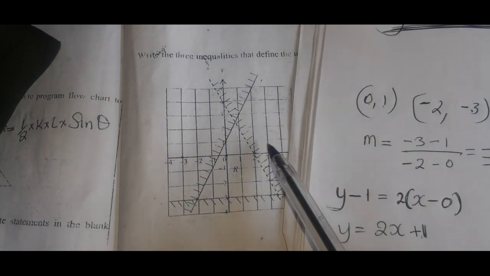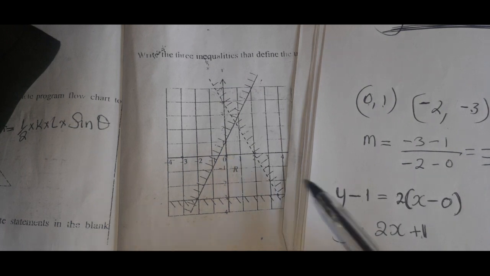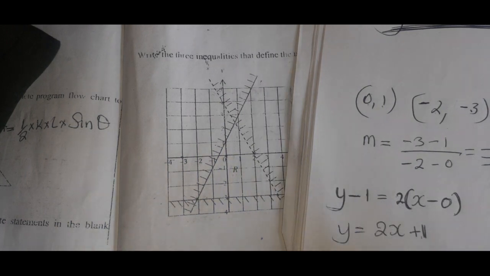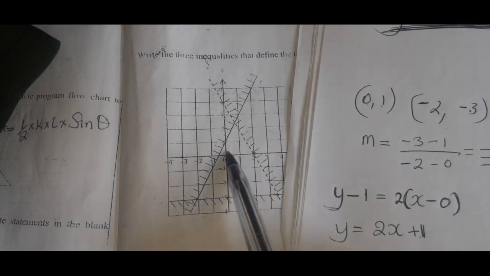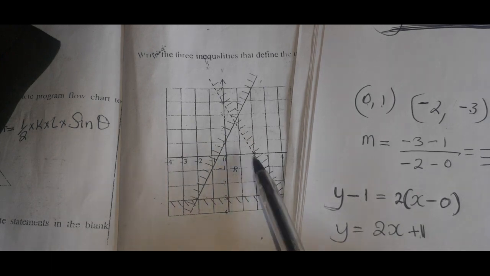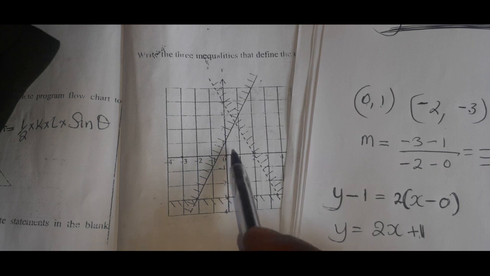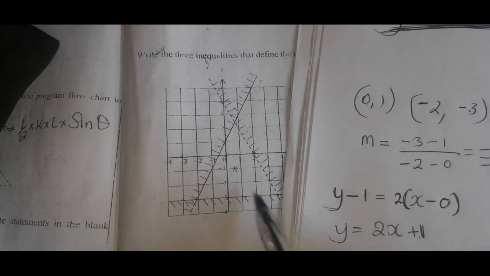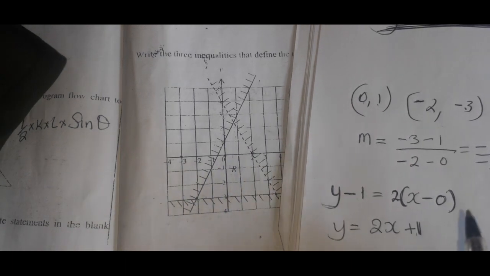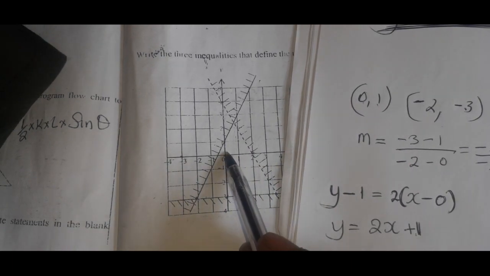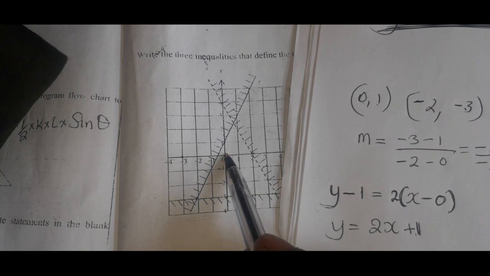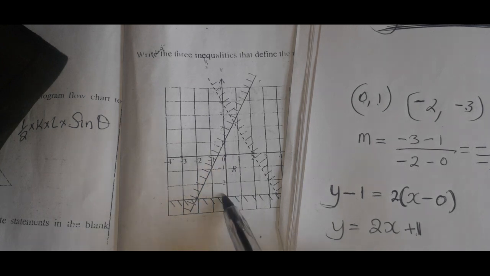Then now, if we are looking at this, which part should we consider? This part below here, as we come down, these are less. And if you want, you can use this point that is here to test, because this must be less, isn't it?